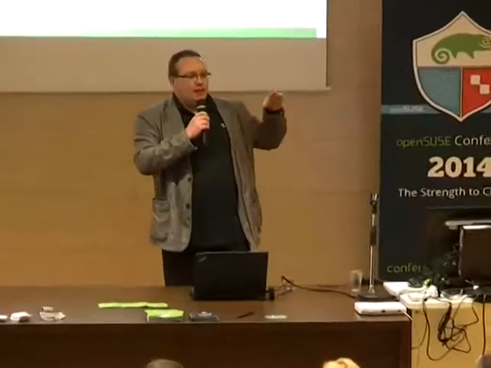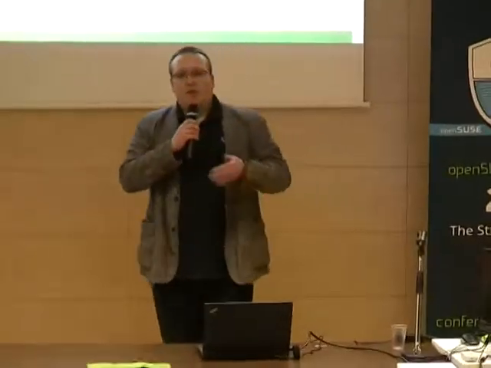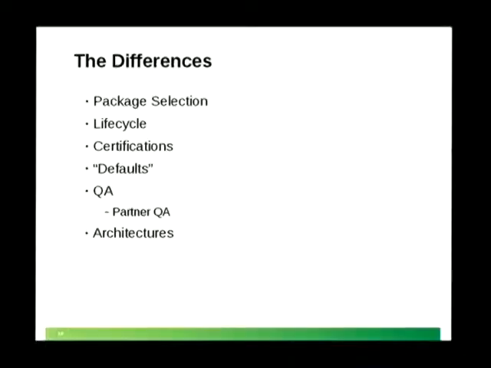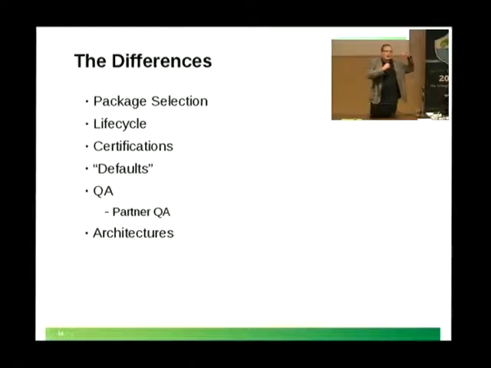Another difference, and I already talked about the hardware certification, is QA. We have people that we pay to do QA, like Richard. He's one of our QA guys. And we're doing this QA to ensure that we have the enterprise quality for the product.